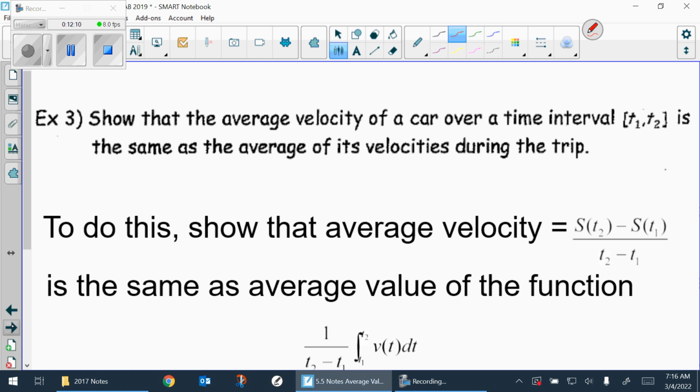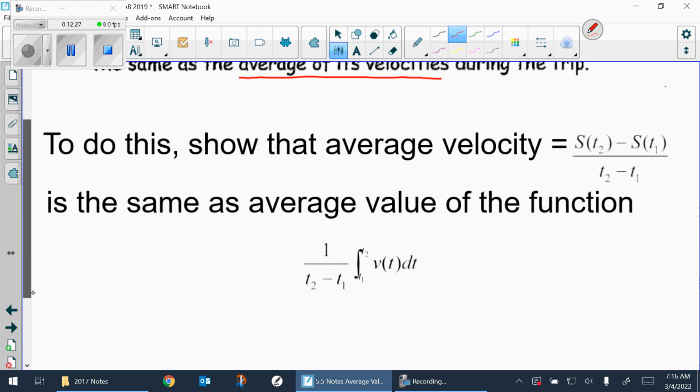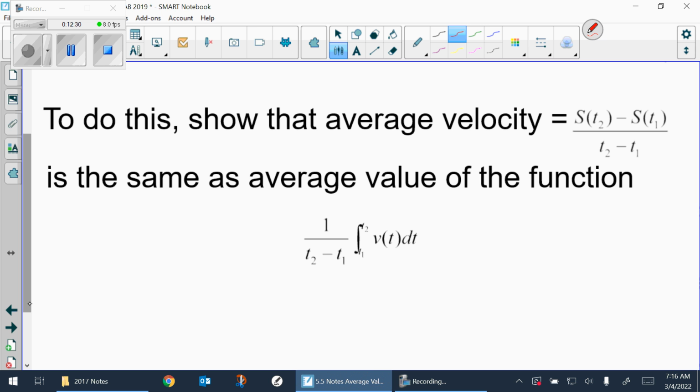All right, final slide. Show that the average velocity of a car on this time interval is the same as the average of its velocities during the trip. Good. We're going to show that the average velocity is equal to this.